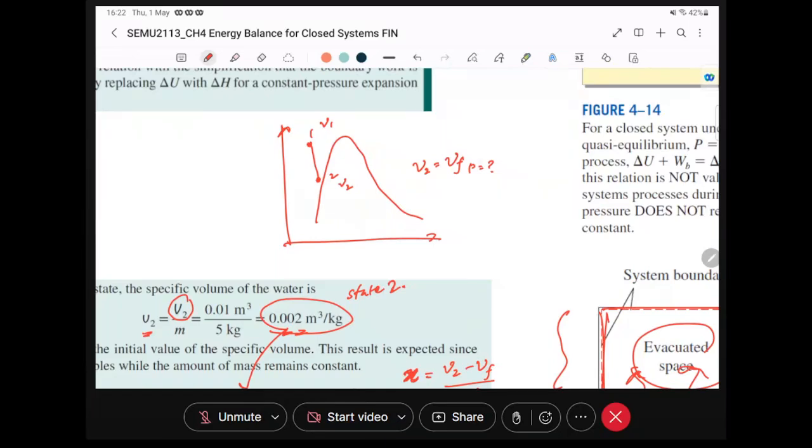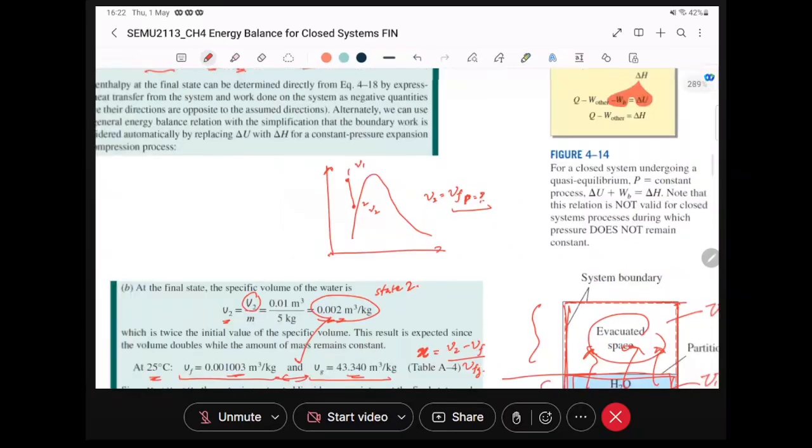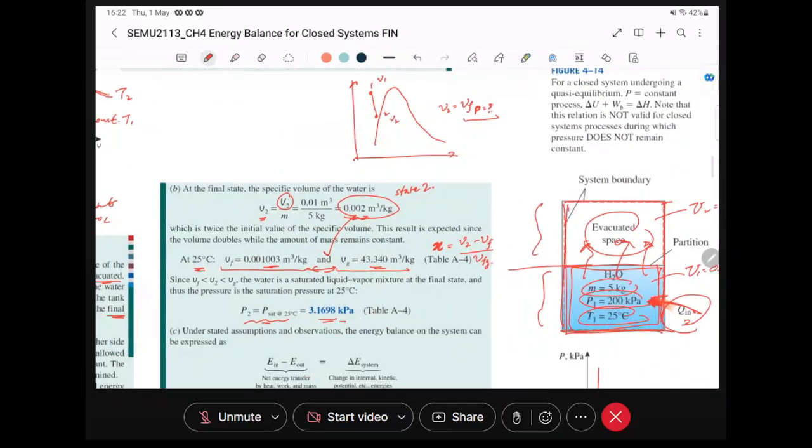For this V2 value, because it is compressed liquid, we can assume that V is equal to the saturated liquid value at some pressure, so then we can find it from here. So depending on what phase the substance is, we can find the pressure accordingly.